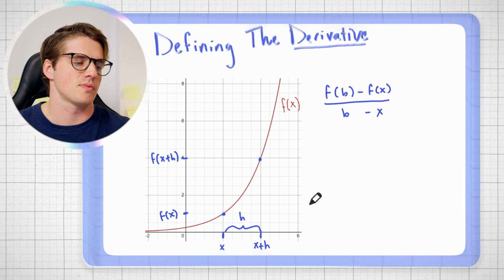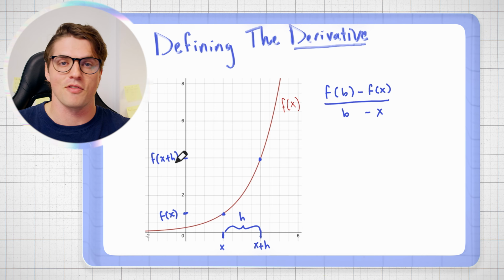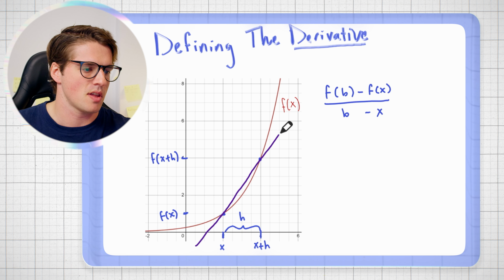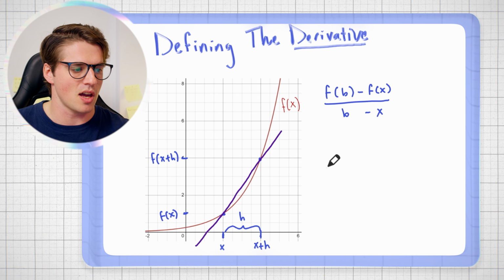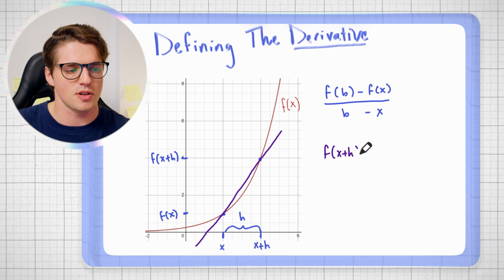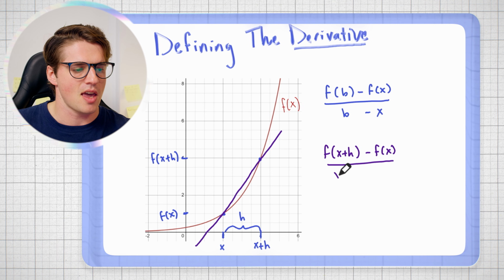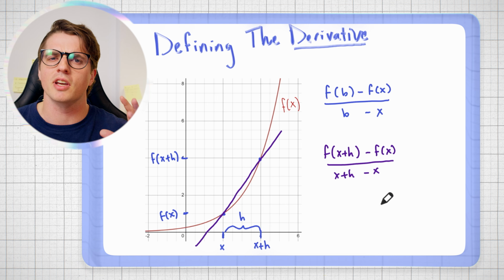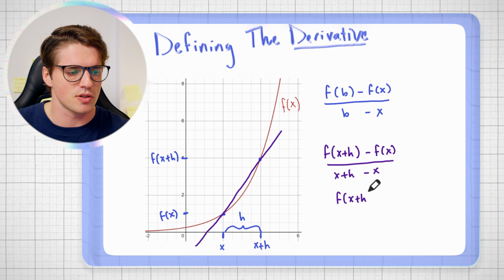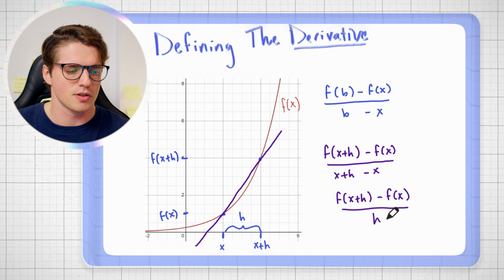If we connect them with another secant line, we could find the slope by saying f of x plus h minus f of x all over x plus h minus x. Then we can combine like terms in the denominator: f of x plus h minus f of x all over h.